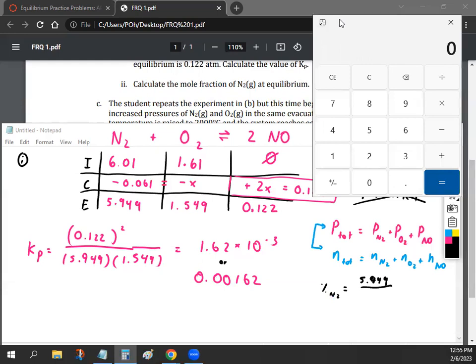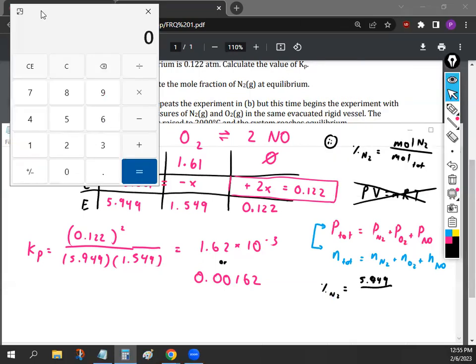I'm sure that's right though. All right, 7.62. And then you can multiply either by 100% or you can give it as a decimal. So it'll be 78.1%, or you can use the mole fraction, which will be 0.781.